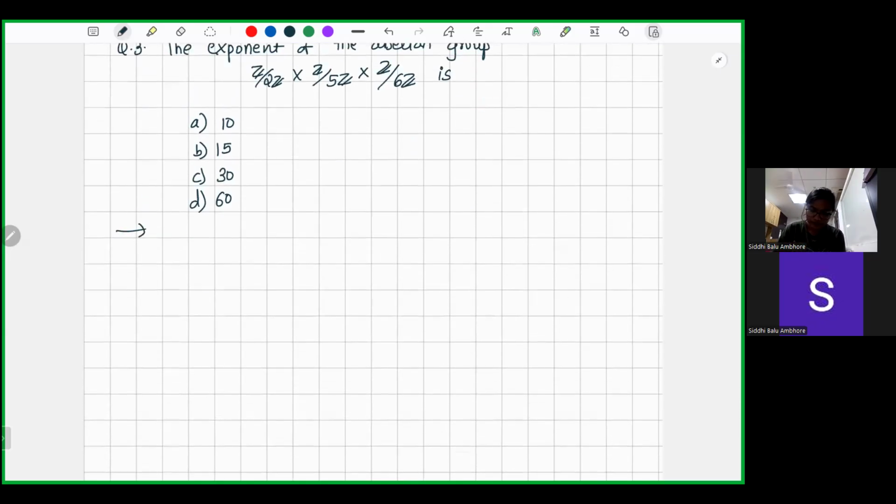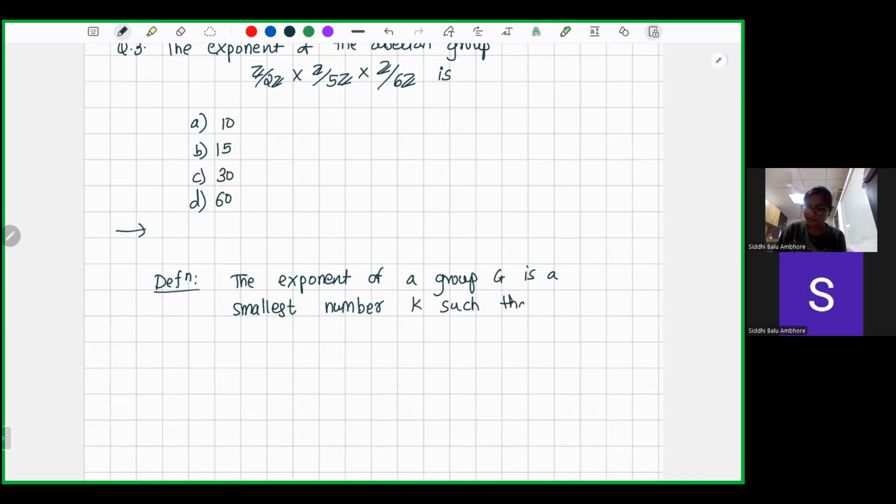Our definition: the exponent of a group G is the smallest number K such that for all g in G, g to the power K is the identity of G. That is, if I multiply any element K times, I get the identity element.